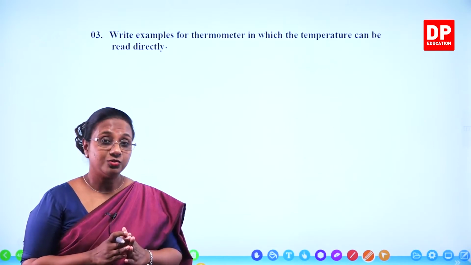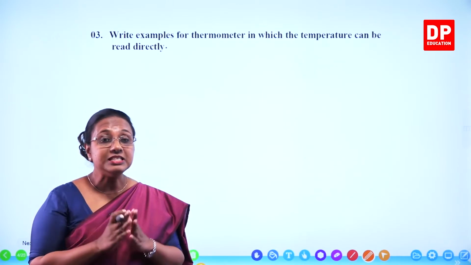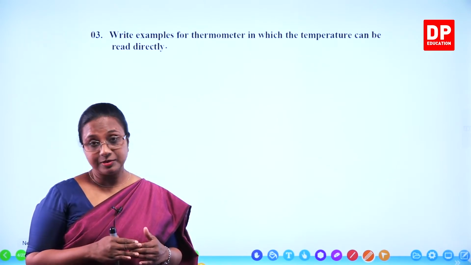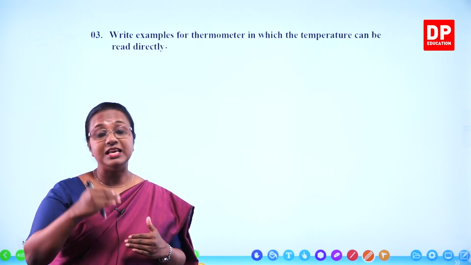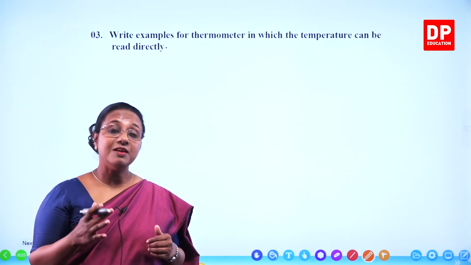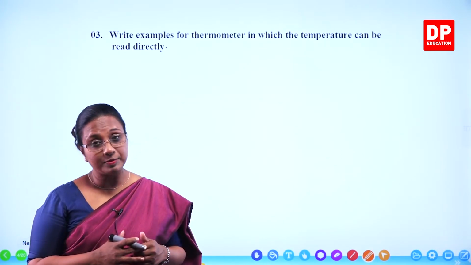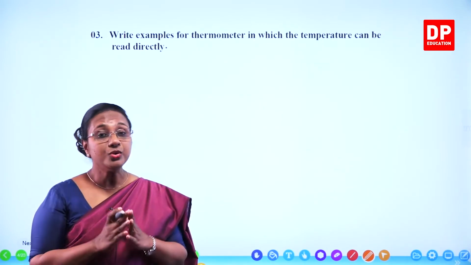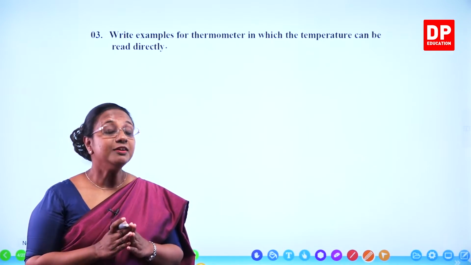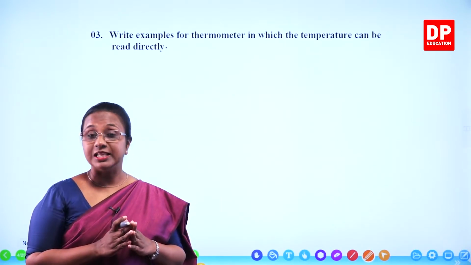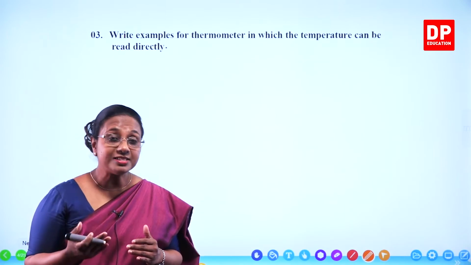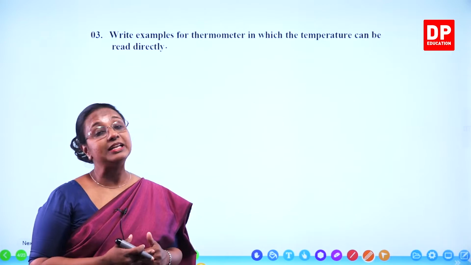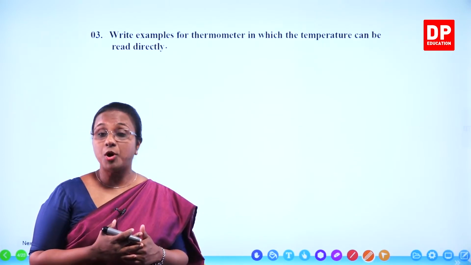But you all are familiar with the digital thermometer and the non-contact infrared thermometer. So in these two, you get the digital reading. The digital thermometer is a clinical thermometer, but it gives the reading as a digital value. The same way, non-contact IR thermometer also gives you the direct reading. So in both these, what is the quantity that is used to read the temperature? It is the resistance that changes with temperature that is used to calculate the temperature of the object or the body temperature.